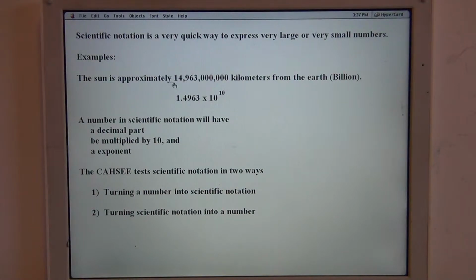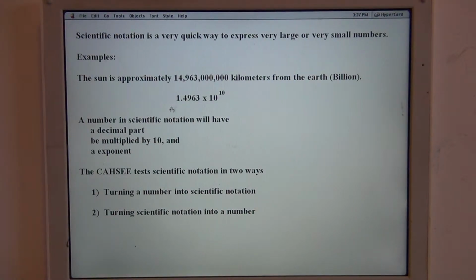And if we had to add or subtract or multiply or divide numbers like this, we'd go crazy. So there is a thing called scientific notation where this number, 14,963,000,000, is put in this format, and then it becomes much easier to work with.